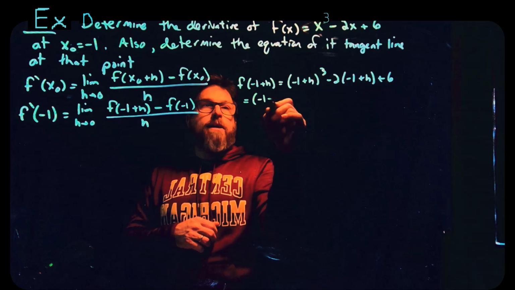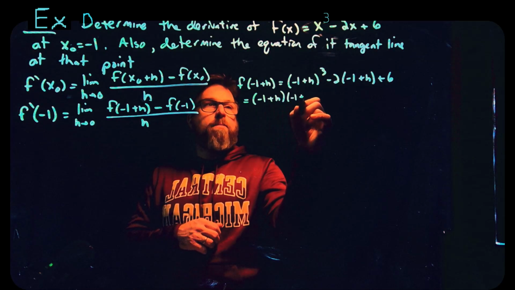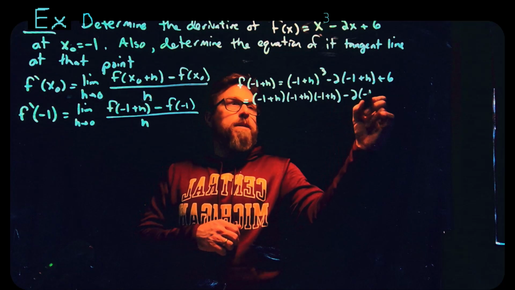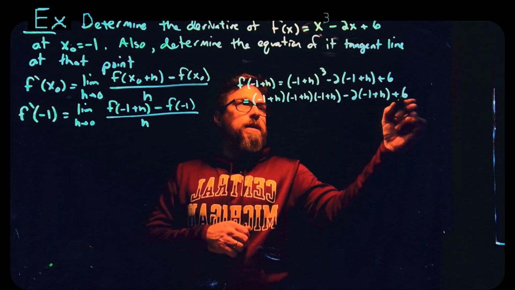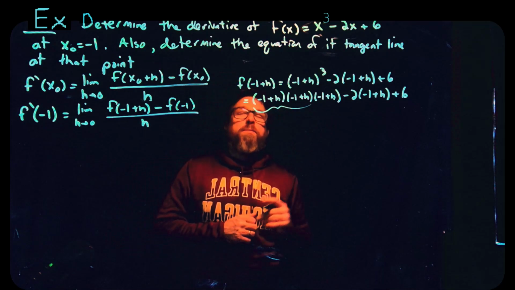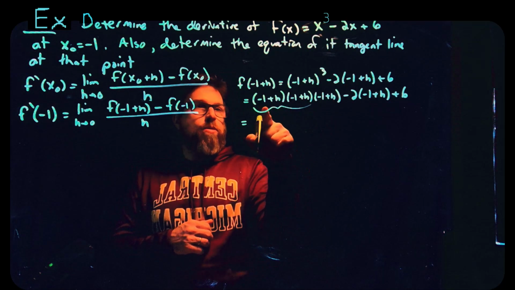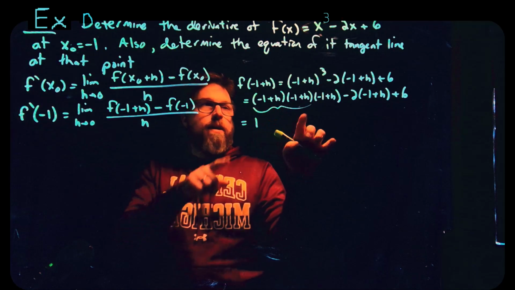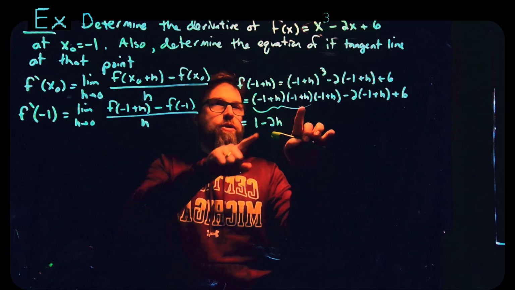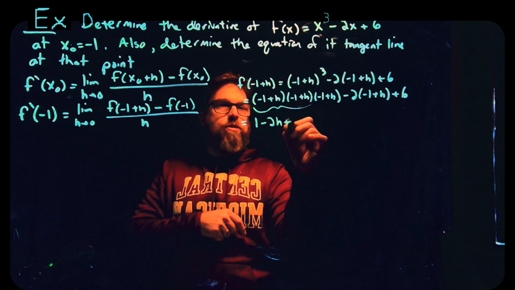So -1 plus h, -1 plus h, -1 plus h, minus 2 times -1 plus h, plus 6. Now I'm going to have to multiply those two binomials first. So first is going to be 1. Outside's a negative h, inside's a negative h, so this is minus 2h. And last is going to be h times h, which is h squared.